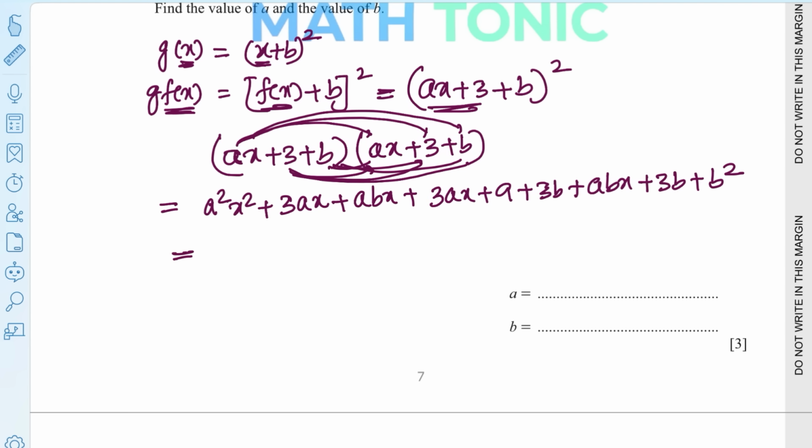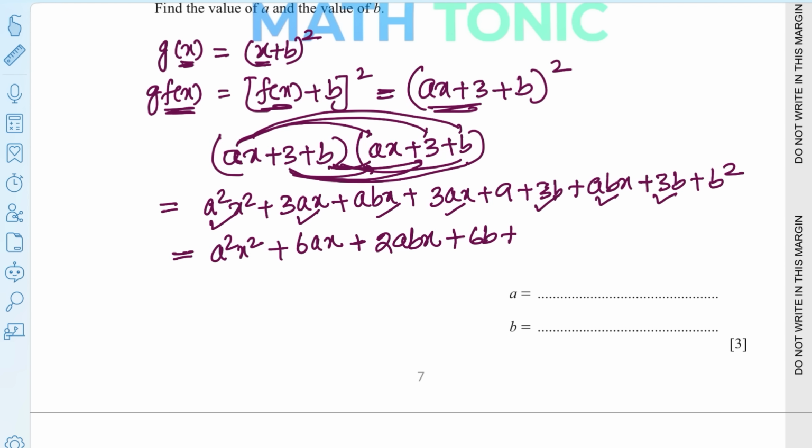If you simplify more, we have a squared x squared, then 6ax, plus abx and abx which is 2abx. Got it? And 3b plus 3b we have 6b, and we have 9 as well, and at last we have b squared.